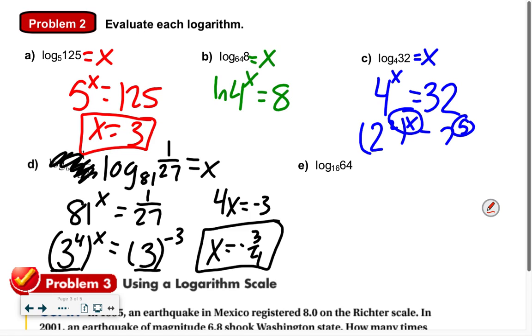So the first thing I do on E, equal to what? Now what?